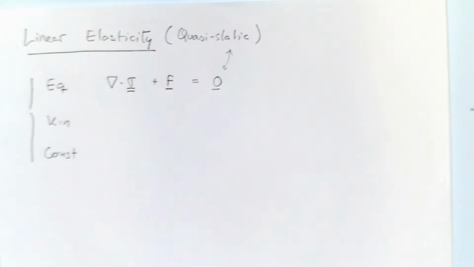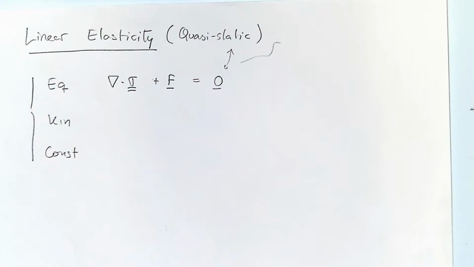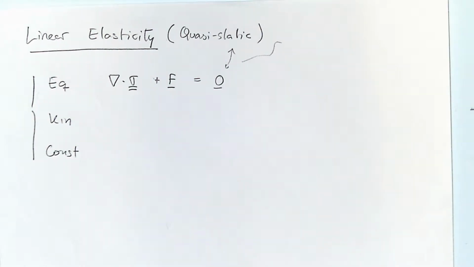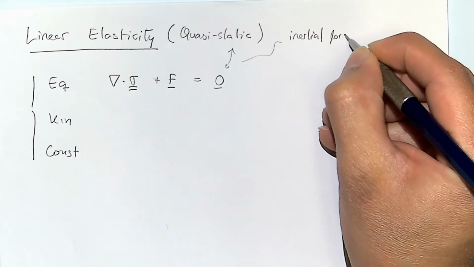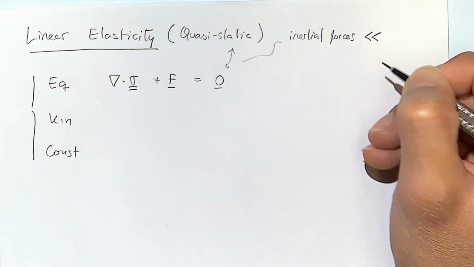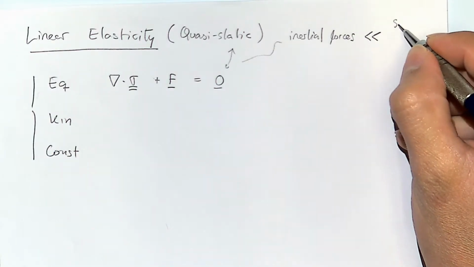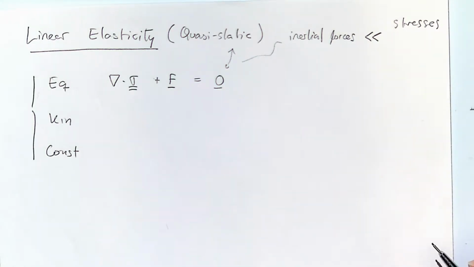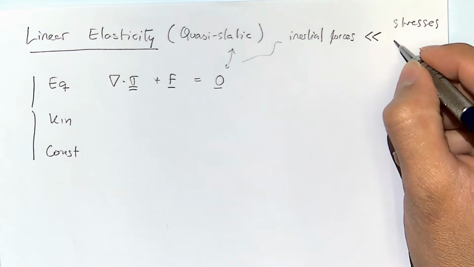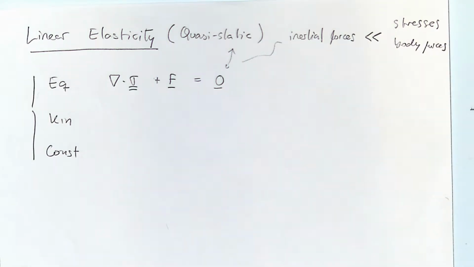Basically, we're saying that those are 0, but if you wanted to express that in physical terms and not so much in mathematical terms, you would say that the inertial forces are much smaller than the stresses or elastic forces and also the body forces. So basically that's what we're saying.